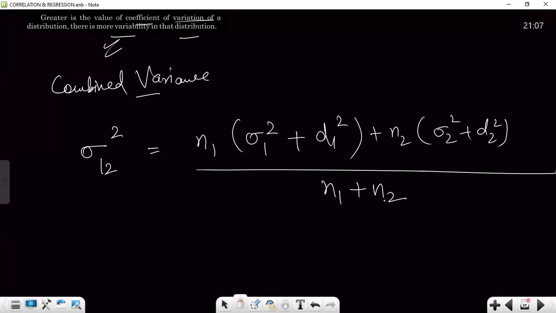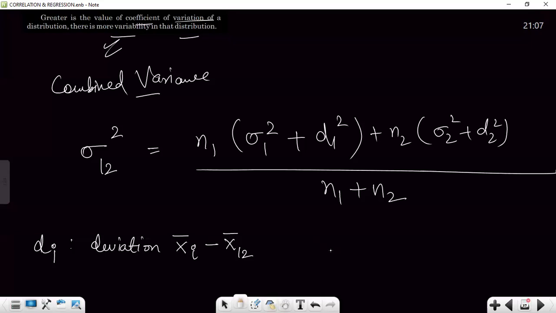Now, you must know what n1 is here. n1 is simply the number of observations in set 1, and sigma 1 squared is the variance of observation 1. What is d1 squared here? d1 is simply the deviation, the deviation of the mean of its set from the combined mean.